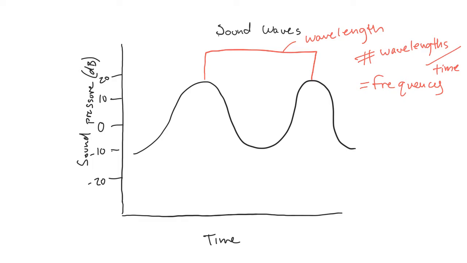And frequency determines what? Did anyone take physics? Is this new for everyone? Frequency determines the pitch. Okay, so what note it is, how high or low it is. Okay?